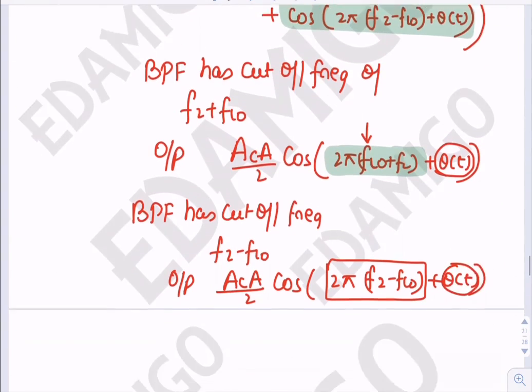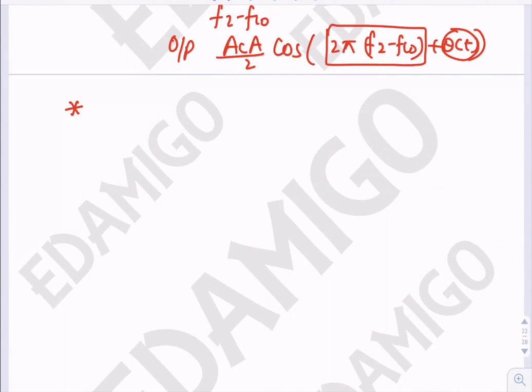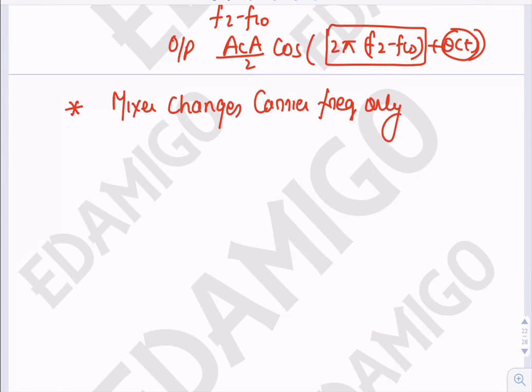So the mixer changes the carrier frequency only, and the carrier frequency will change to F2 plus minus FLO, and the delta F will remain the same.